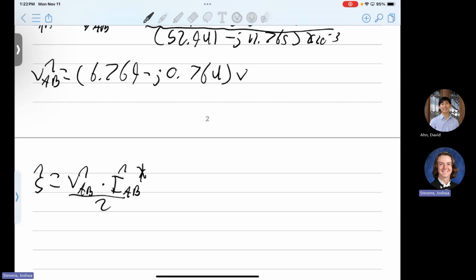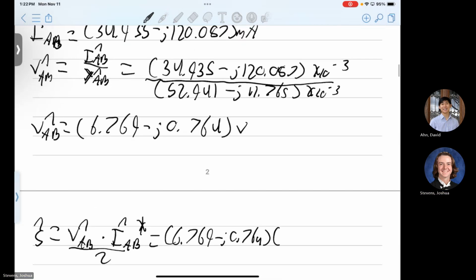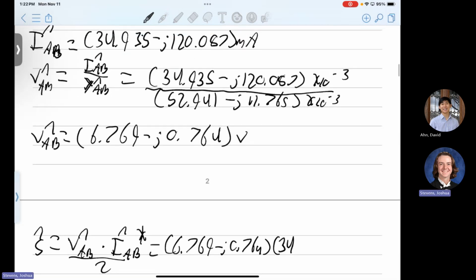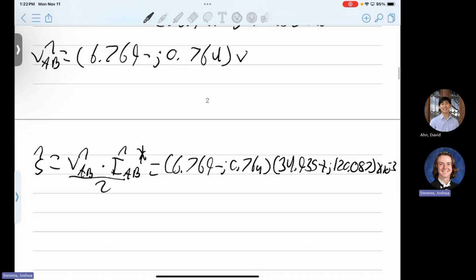So those values become 6.769 minus j 0.764 times 34.935 plus j 120.087 times 10 to the negative 3, all over 2.